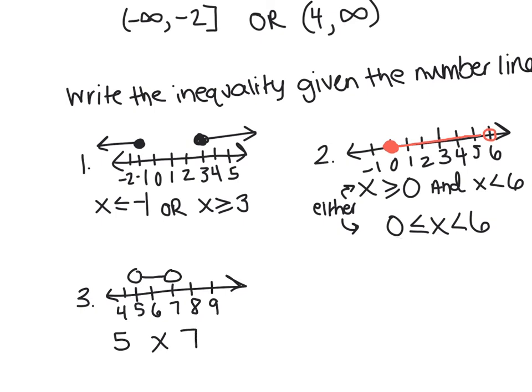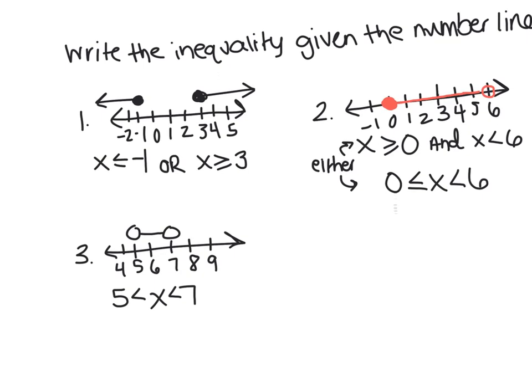We are not including 5 or 7, so I'm going to have no equal signs there. So that's one way you can write it. X is between 5 and 7. X is bigger than 5, looking at this part. And then x is less than 7, looking at that part.